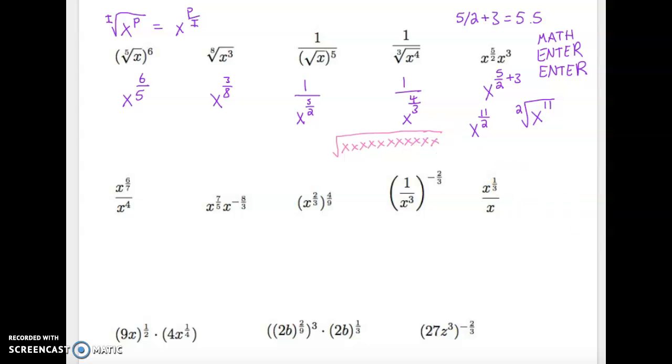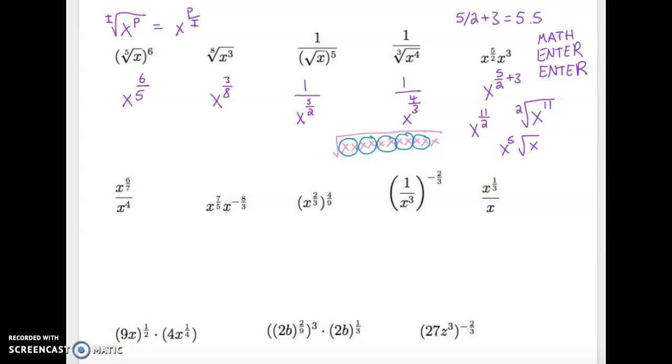How many pairs of those can I take out front? 1, 2, 3, 4, 5. So really, I can take out 5 pairs of x's, and then there would just be 1 x left over with my square root.